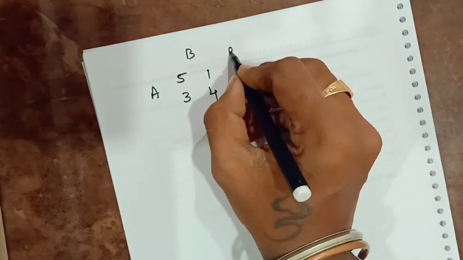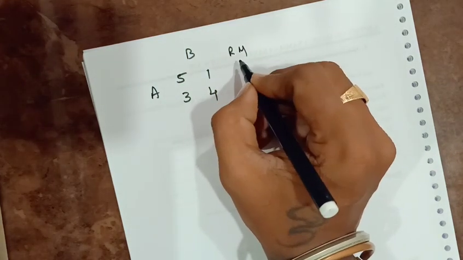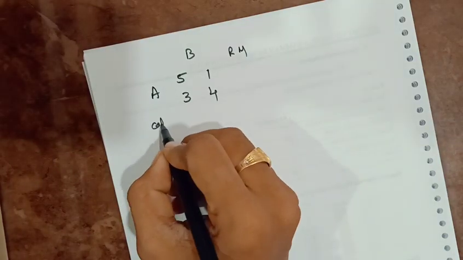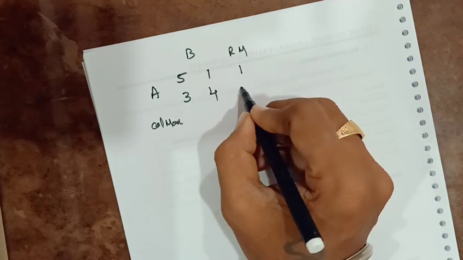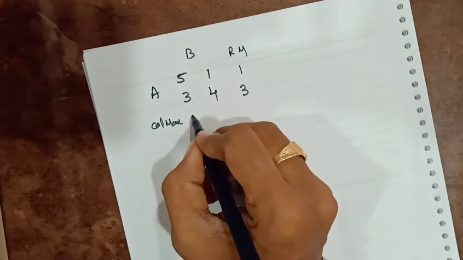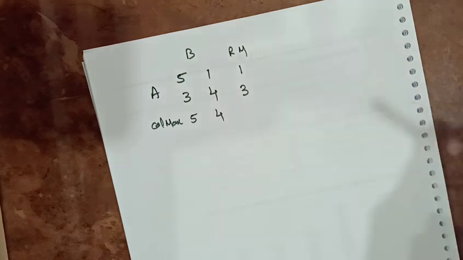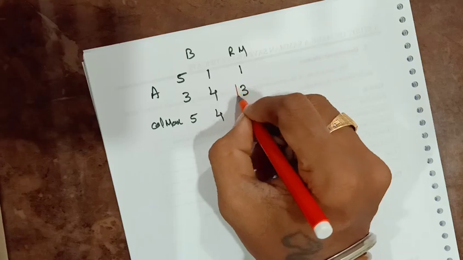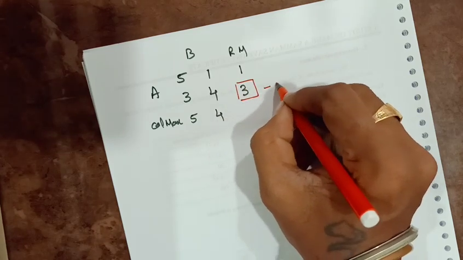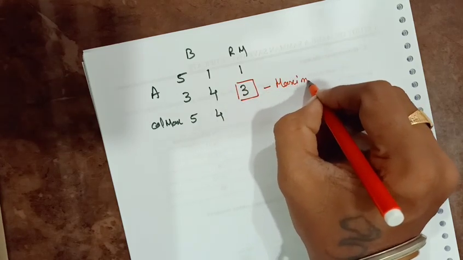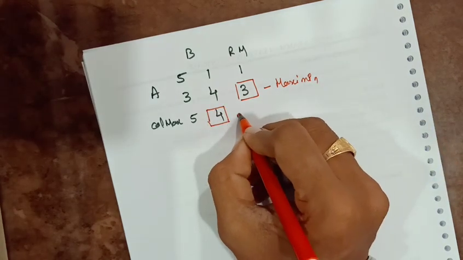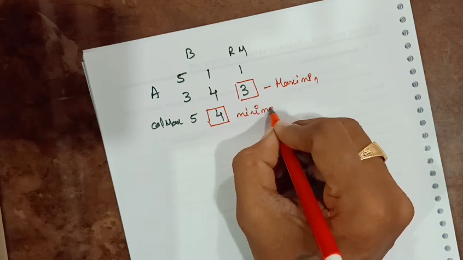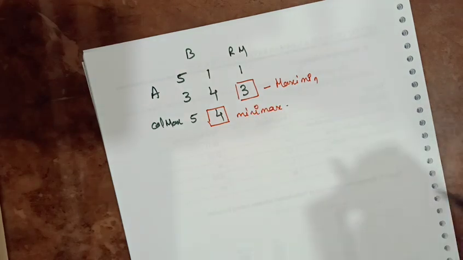So here we'll try to find out the row minimum and column maximum. The row minimums are 1 and 3, and the column maximums are 5 and 4. So the maximin is identified as 3, and 4 is the minimax.